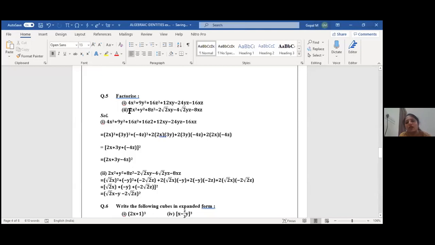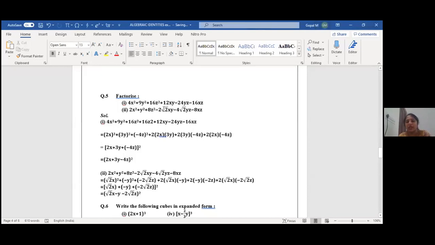See, second question, 2 is not a perfect square and coefficient of y square is 1. That I can say 1 is a perfect square. 8 is not a perfect square, right? So of A, B, C, only for B am I getting the coefficient of y square as a perfect square. But for A and C, I did not get perfect squares.